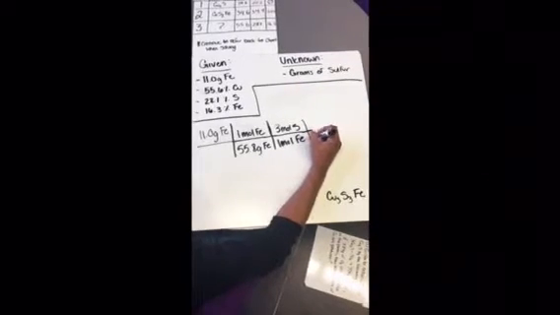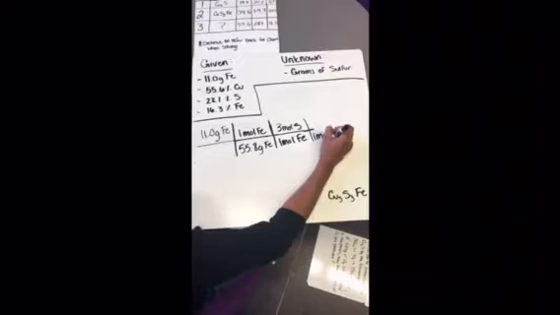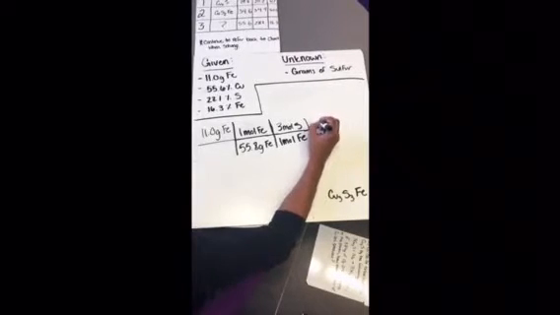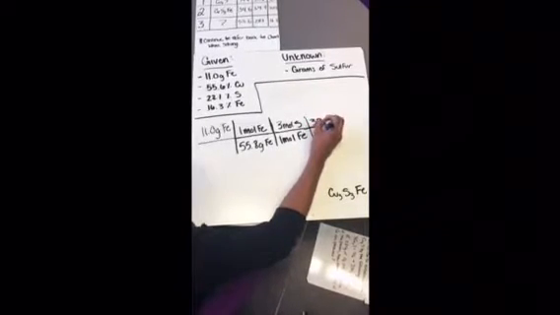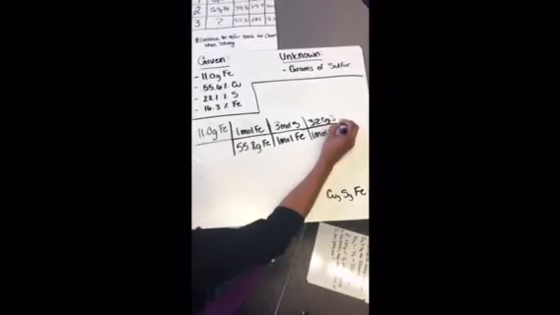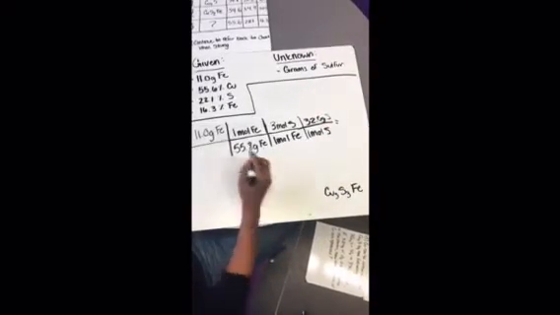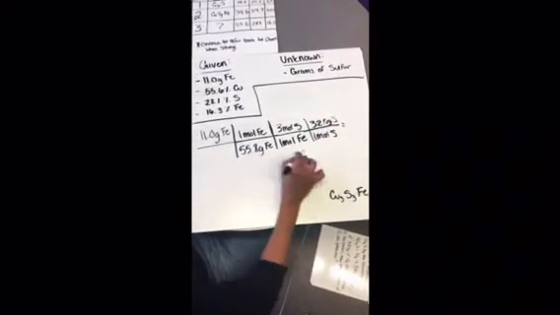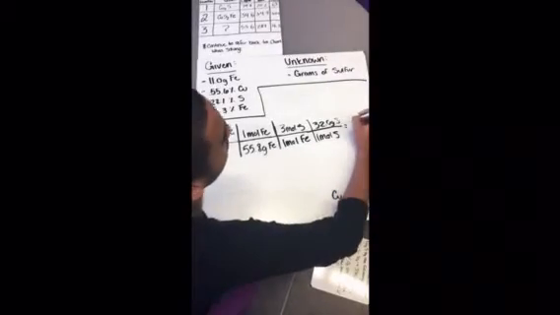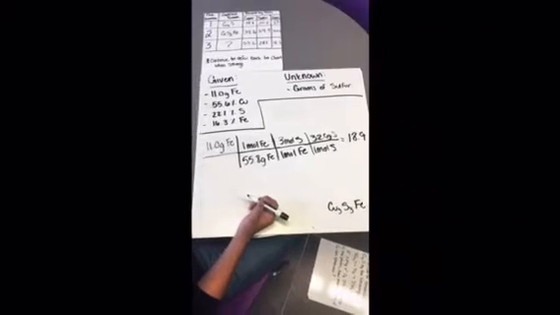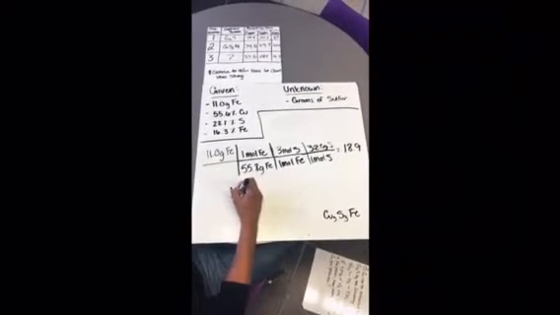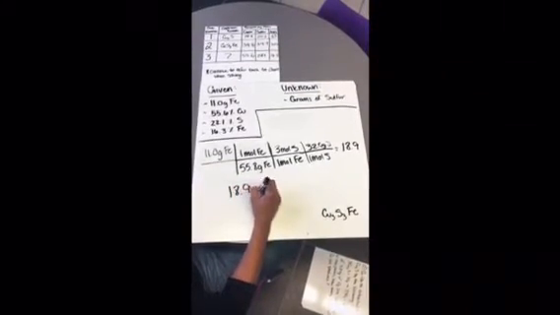And then 1 mole of sulfur weighs 32 grams. Now, when we multiply the whole top row and then divide it by the bottom, we will get 18.9. So the total amount of sulfur in this compound is 18.9 grams.